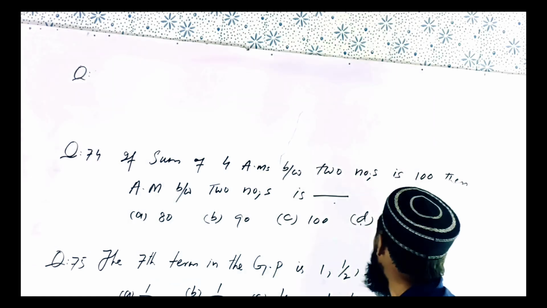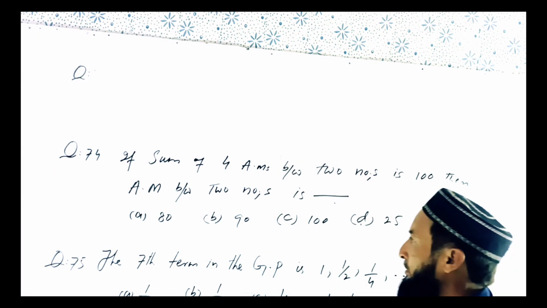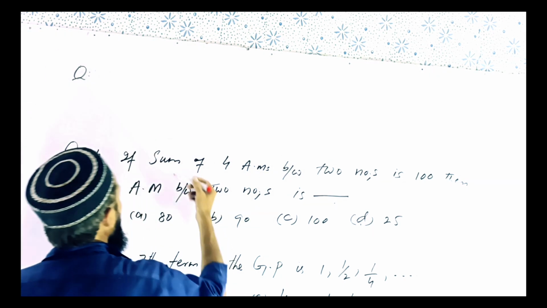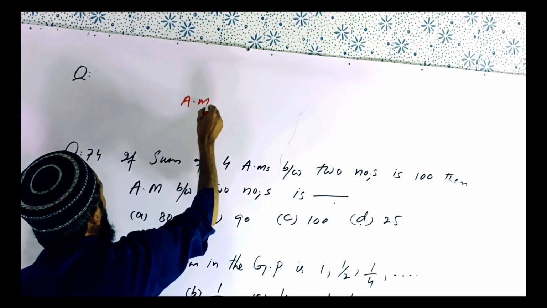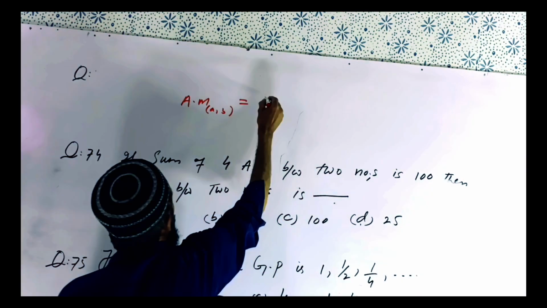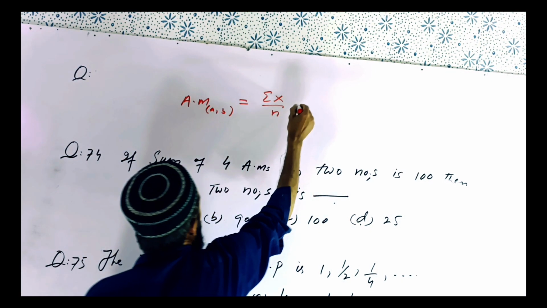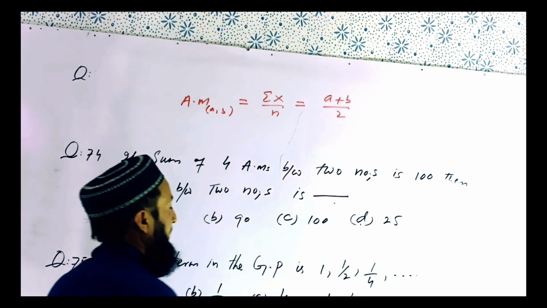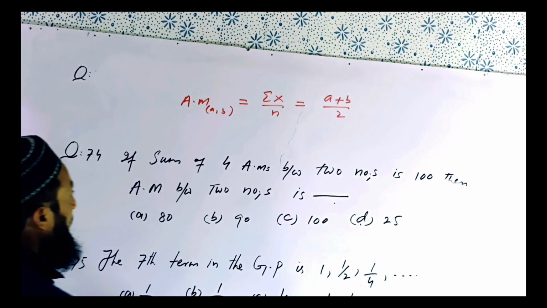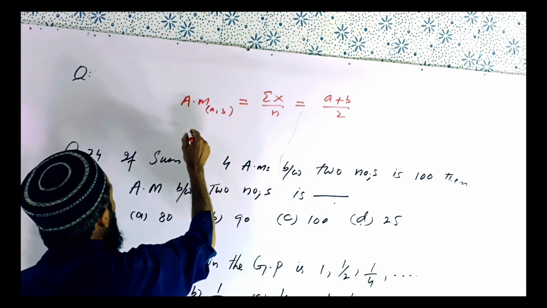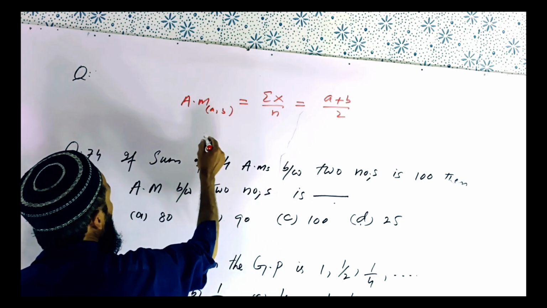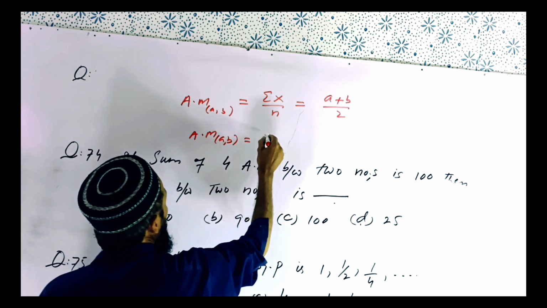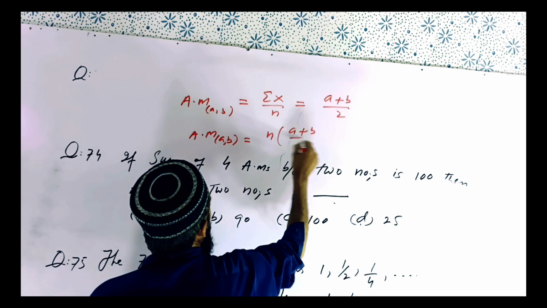The arithmetic mean between two numbers is 100. Then what is the arithmetic mean between the numbers? As we know, the arithmetic mean between two numbers a and b is the summation of x divided by n; this is the general formula, and we can also write (a plus b) divided by 2. For four arithmetic means, four times the arithmetic mean between a and b is n(a plus b) divided by 2.